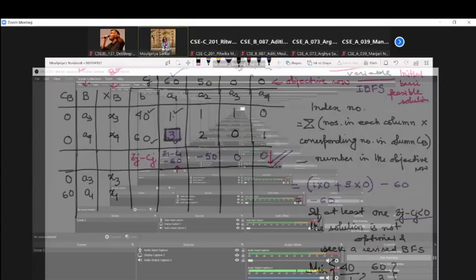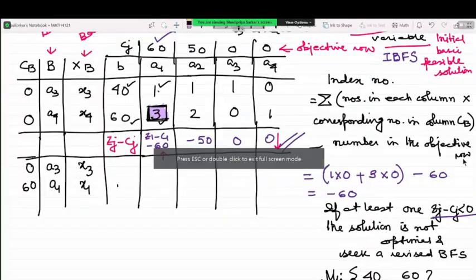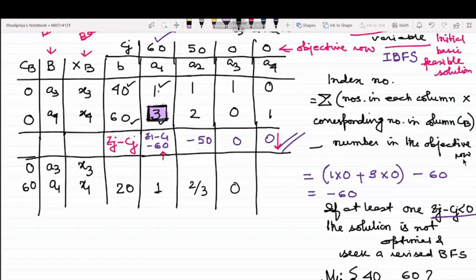That implies the revised second row would be 20, 2 by 3, 0, 1 by 3. Are you okay with this?